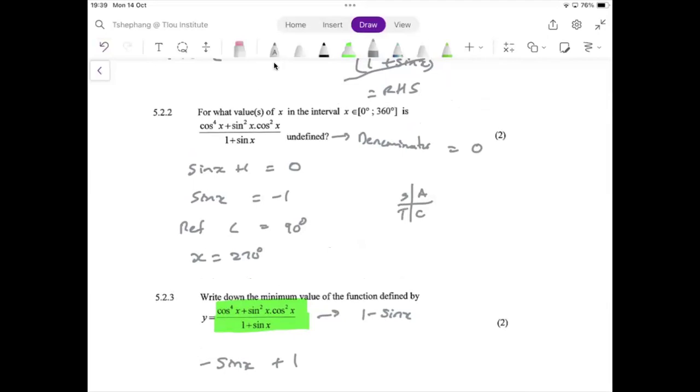We have sine of x is equal to -1, meaning that sine is negative, right? Which quadrant are we at? It is going to be in this one or that one. So it's either going to be in the T or the C quadrant because we want sine to be negative.